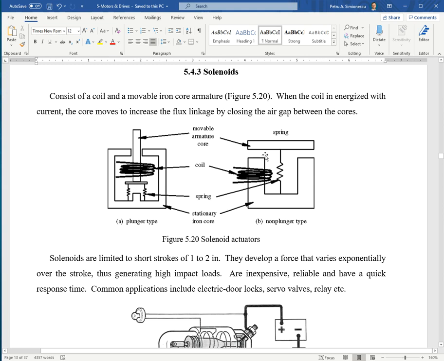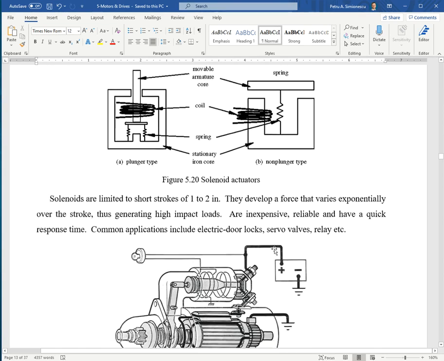Here, when you energize it, there's a magnetic field that forces this to close the magnetic path of the U-type iron core, and a solenoid of this design has a higher holding force ability. Okay.